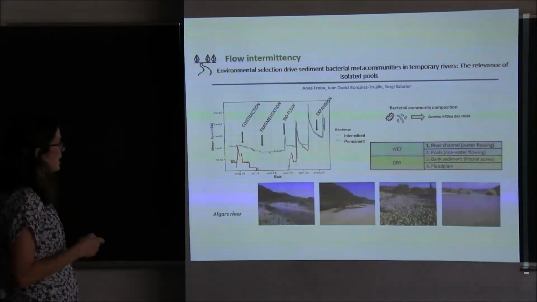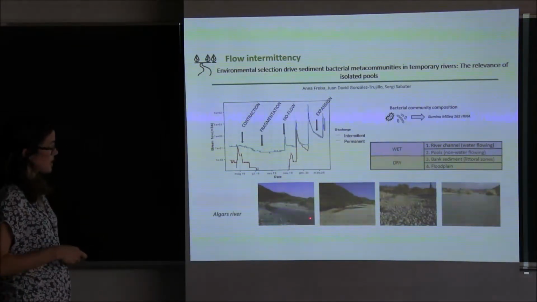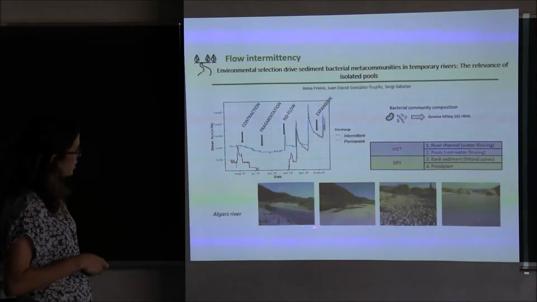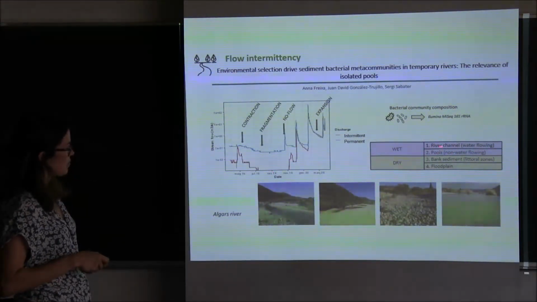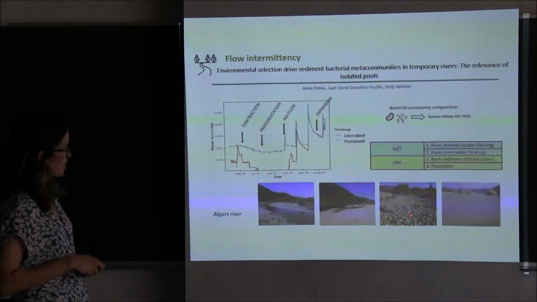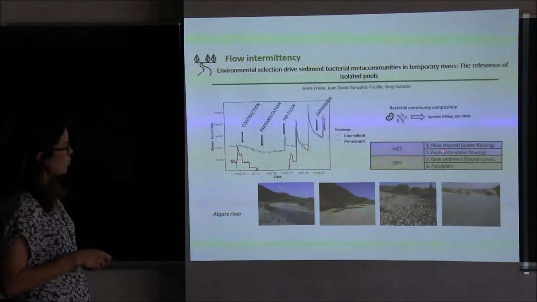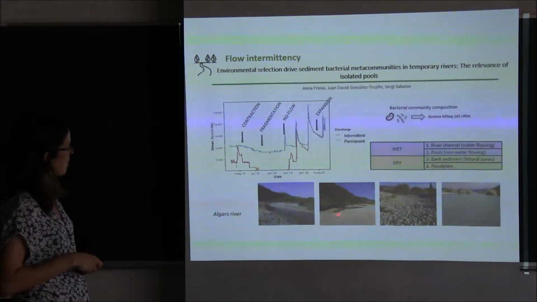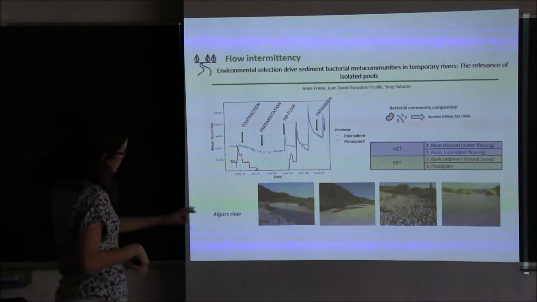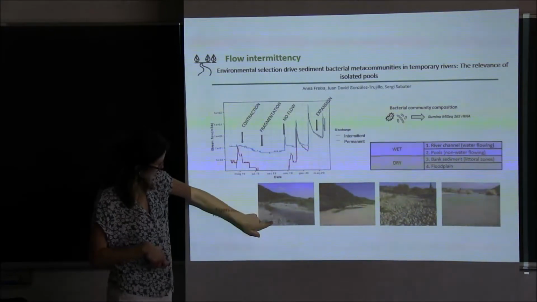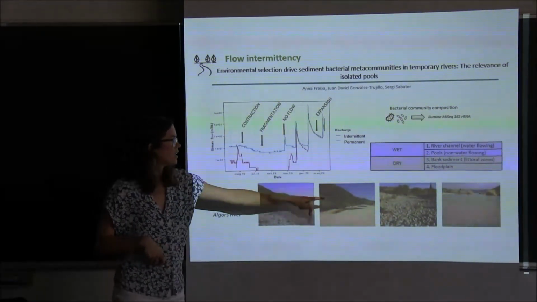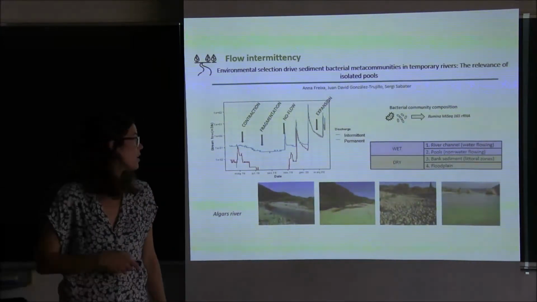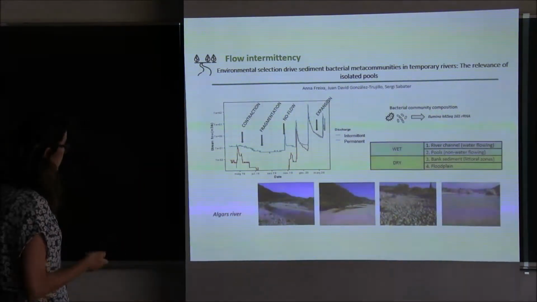So we sampled river sediments at different periods and in 4 different habitats. We sampled the river channel, so water when there is any, pools when there are any also, and also we sampled dry sediments, the bank sediments, which is the intersection between rivers and floodplains, and also floodplains in all of the periods.